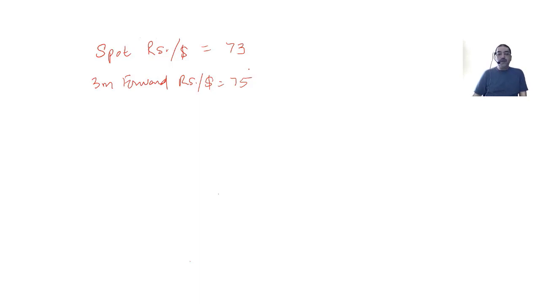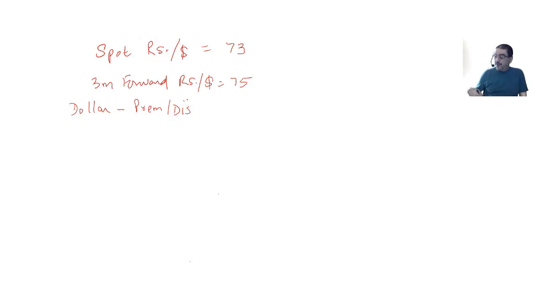Now you have to tell me whether it is at premium or at discount. First thing that you have to remember: I ask you whether dollar is at premium or at discount.